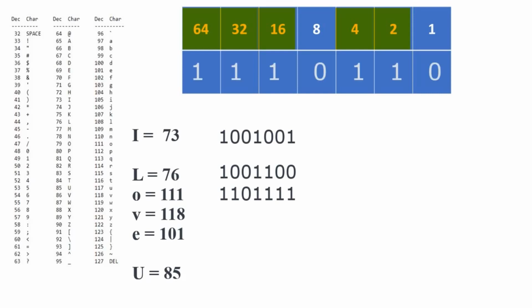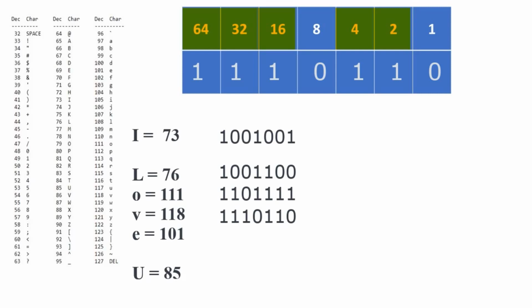That is 1110110. So, yun ang binary ng letter V o small letter V. Equivalent niya ay 118 sa ASCII code.